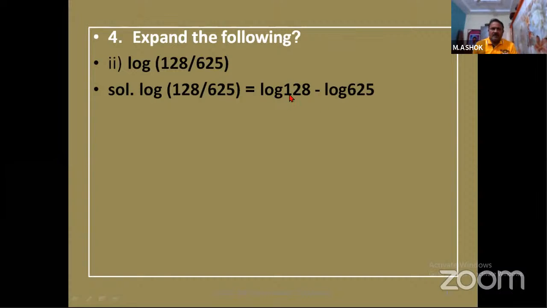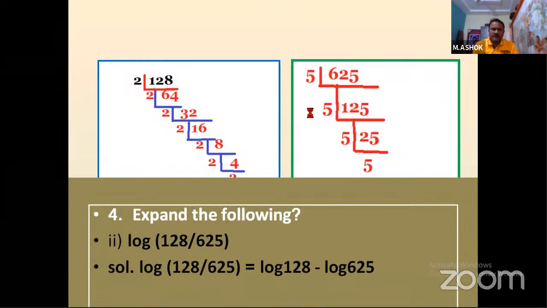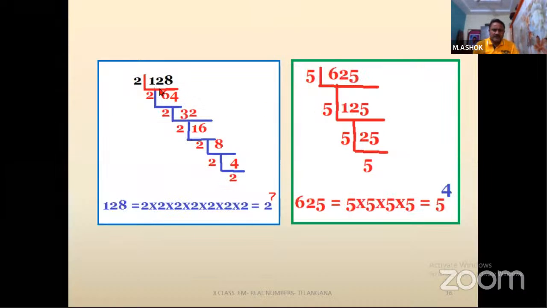You have to write the prime factorization of 128 and 625 like this. We have solved this type of problems in the earlier classes, so very easily we can write the prime factorization.